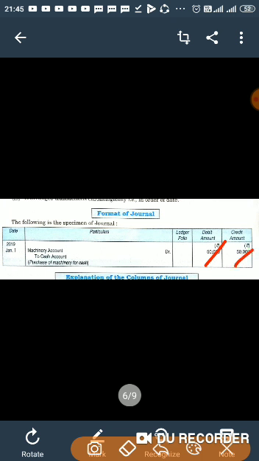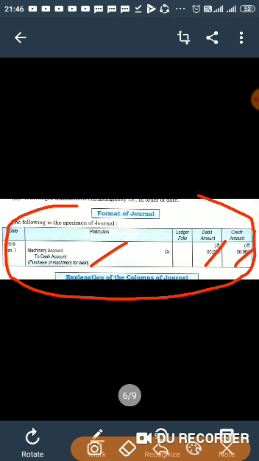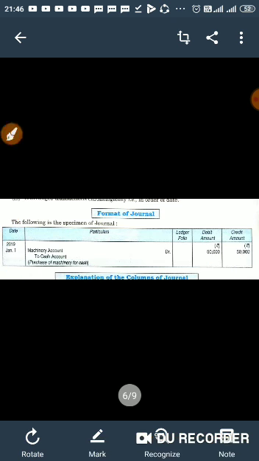Then a short description is written, which is known as narration: purchase of machinery for cash. This brief description about the transaction is known as narration. This is the practical way you will do it after learning the method of journalizing.